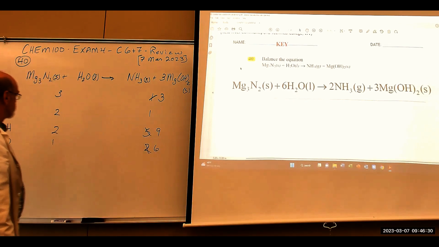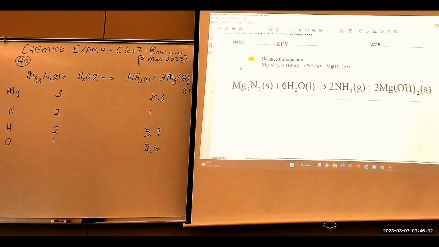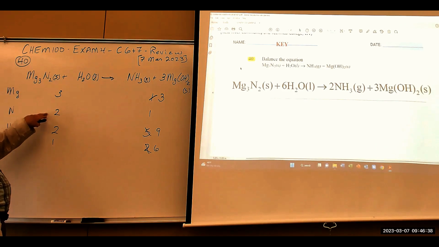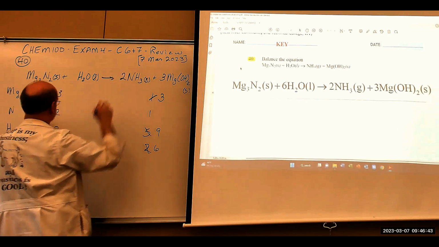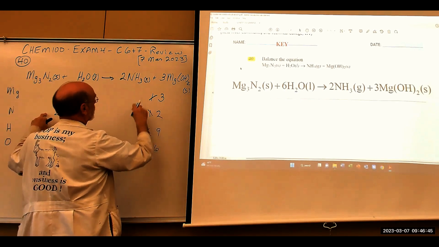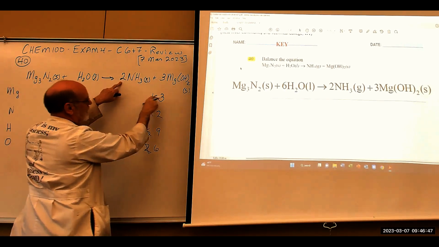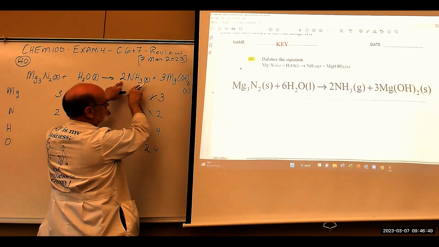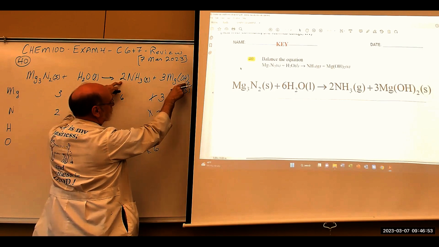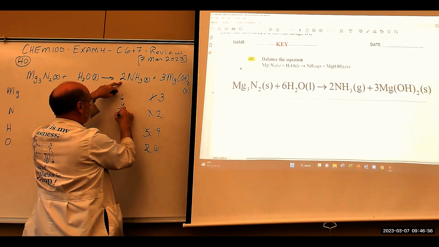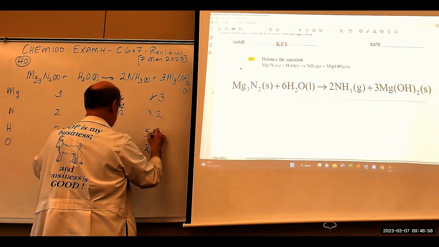Okay. It's our new position. Now, how about nitrogen? We need 2 nitrogens, correct? 2 nitrogens. That changes the hydrogens again. So we have 6 hydrogens here, and we have 6 hydrogens there, right? 12 hydrogens here.